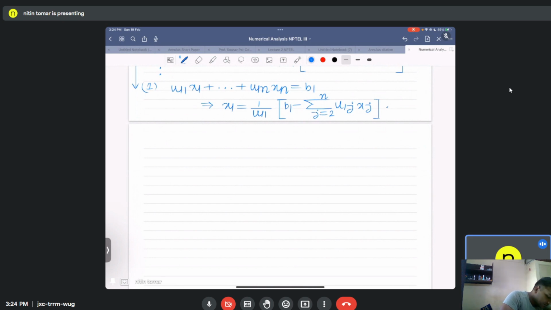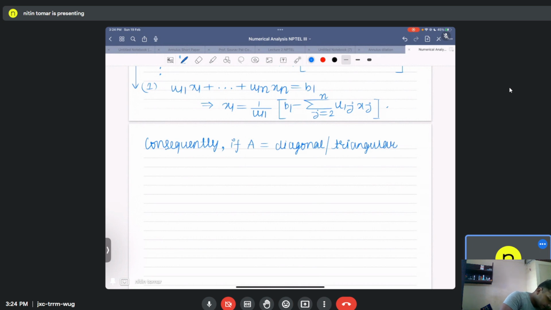So far, consequently, if A is diagonal or triangular, triangular means either upper or lower, okay?